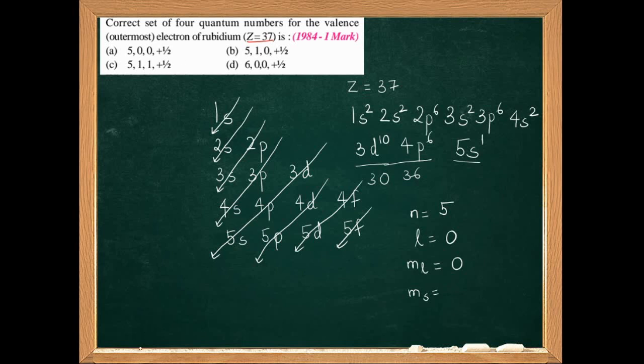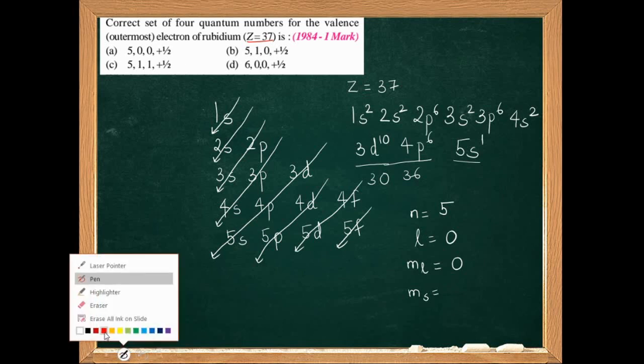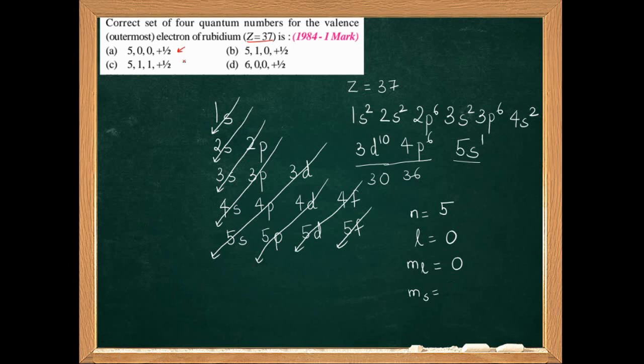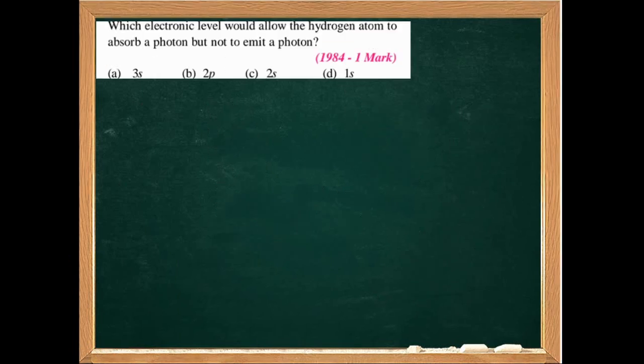But if you see in all the 4 options, the spin values are given as plus half. So we don't have to worry about the spin values because there is no confusion between plus half or minus half. So let us consider that as plus half. Okay. So all I have to do is match these values with the options. We have it in the first option. The right answer is option A.